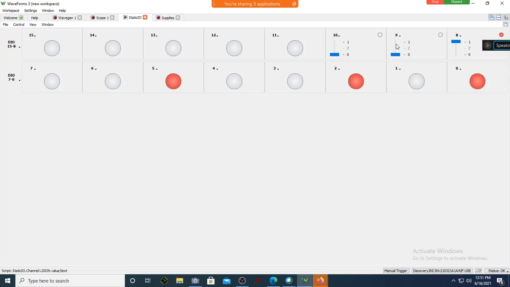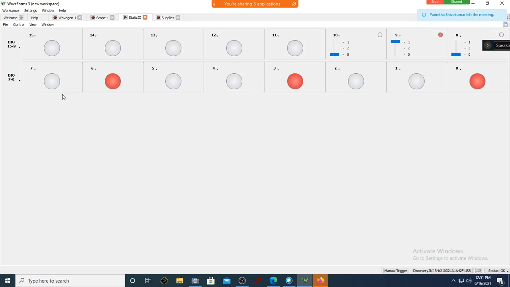I will make this 1, I'll make this 0. Can you see now? Is it 100% the same output? Is it 0, 1, 0, 0, 1, 0, 0, 1?